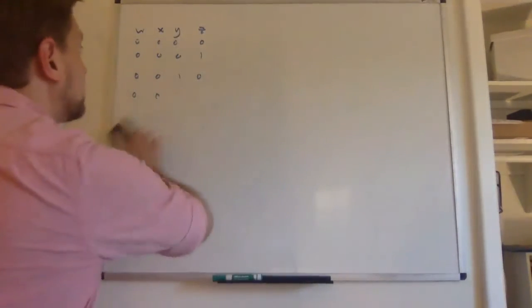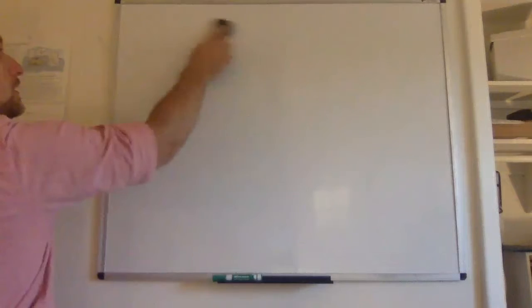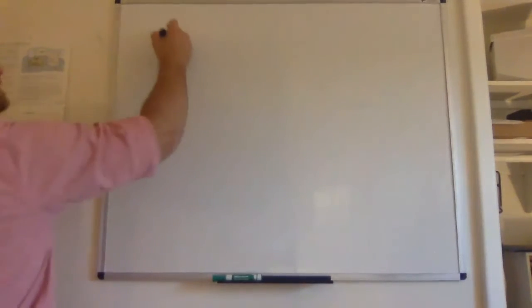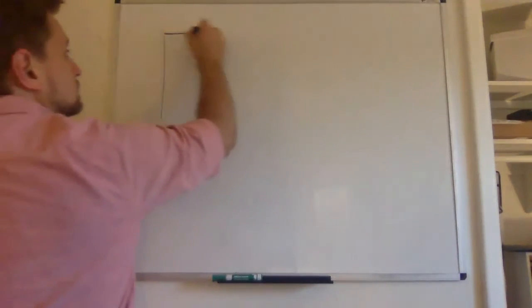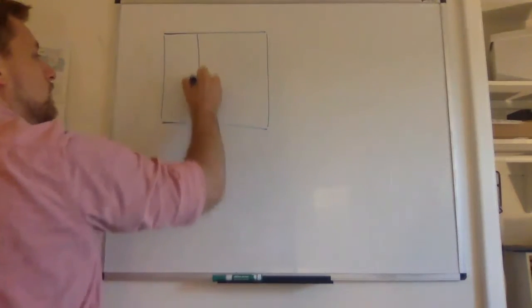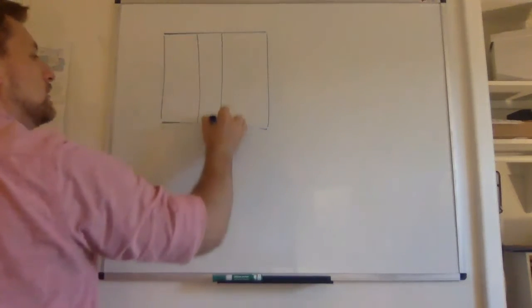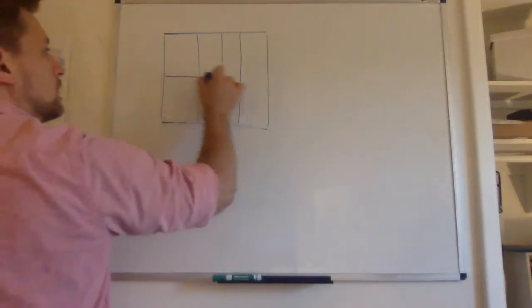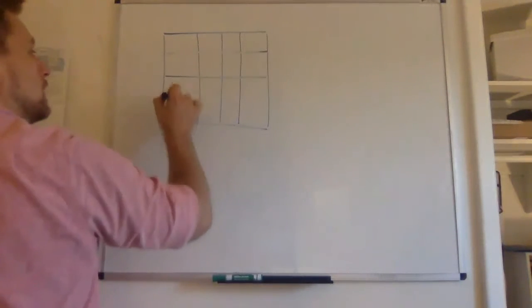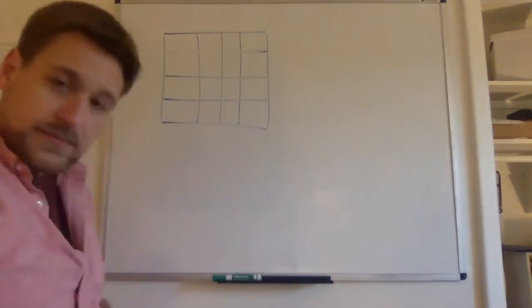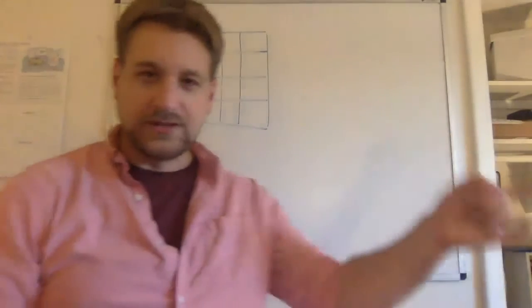Okay, so we've got 4 variables to worry about, and we've got to put them in a grid. We have to put them in the grid so that each square, each cell, has a minterm adjacent to it that differs by only 1 literal.